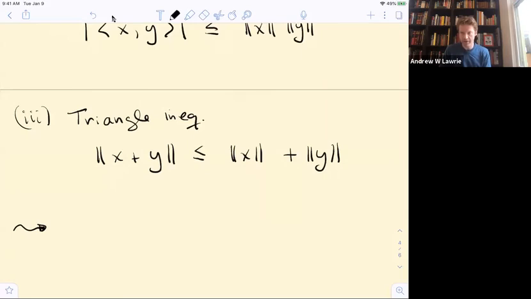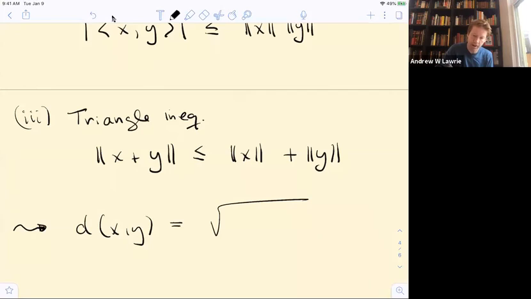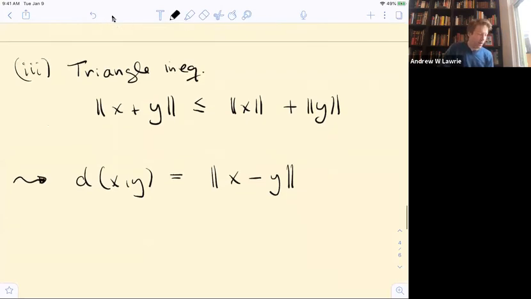So the inner product space becomes a metric space, and the distance between two vectors x and y we just take to be the norm of x minus y. So this is a metric.